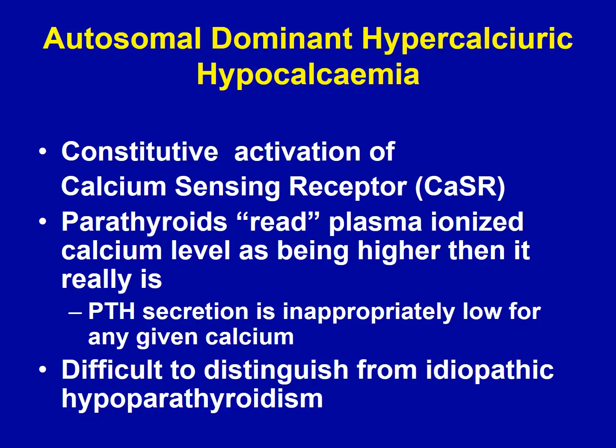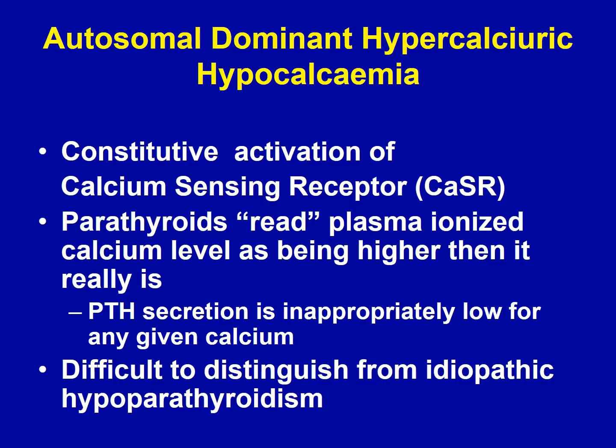What this family has is an activating mutation of the calcium sensing receptor, such that the parathyroid glands read the ionized calcium, the extracellular fluid calcium level, as being higher than it actually is, and that tells the cells to switch off parathyroid hormone production.